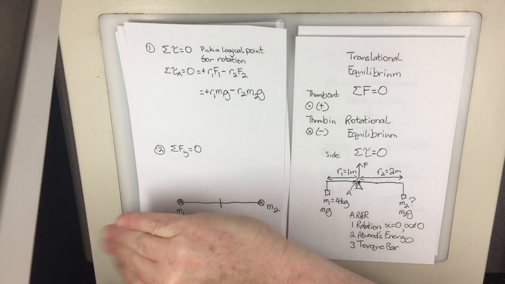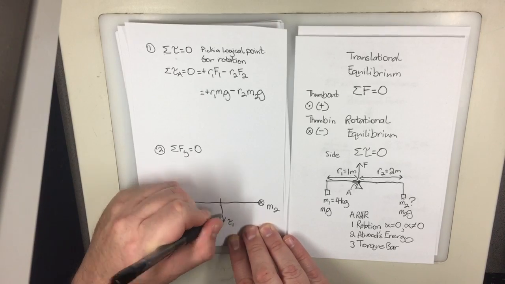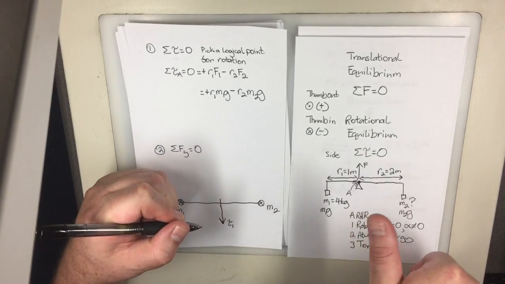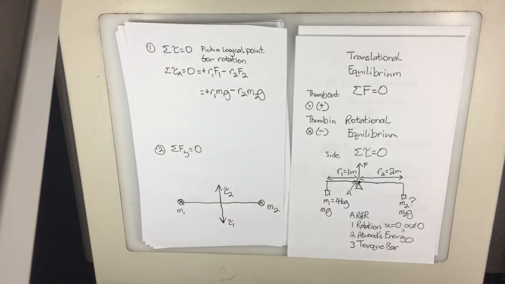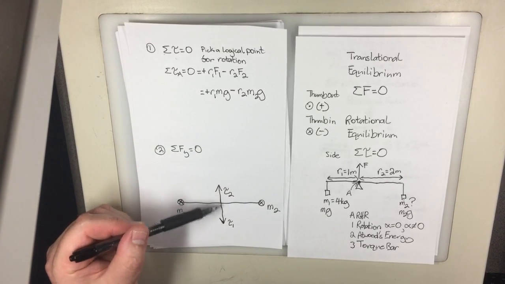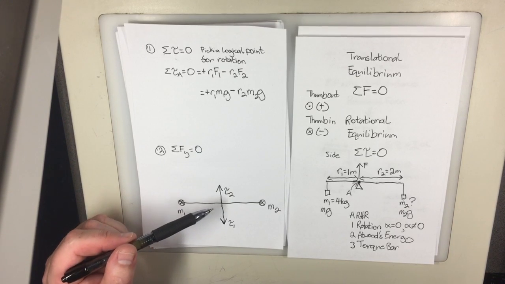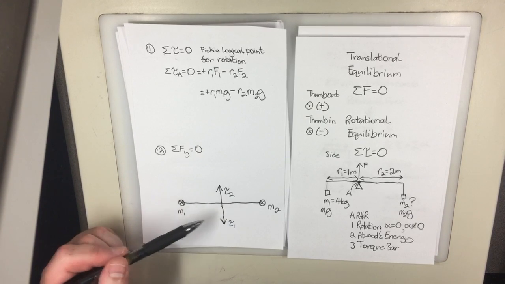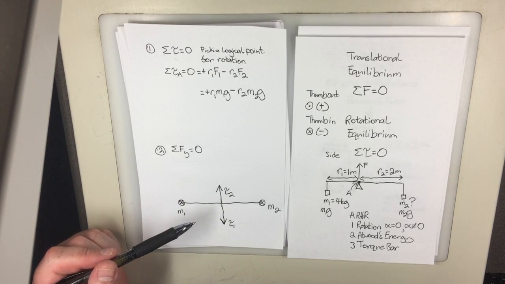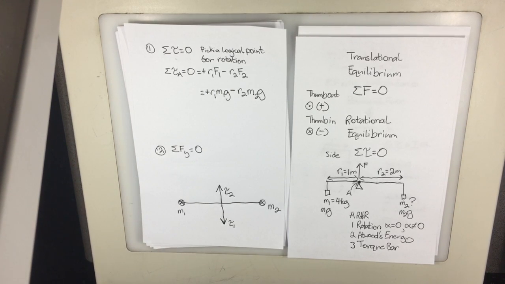So R cross F, torque 1 looks like this. R cross F, torque 2 looks like that. And so now you can see how the torques oppose each other. The torque vector is this vector that just sticks out from the object. And so this is how people can associate rotation with how they add up and cancel.